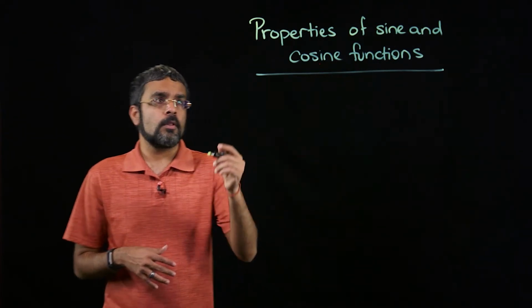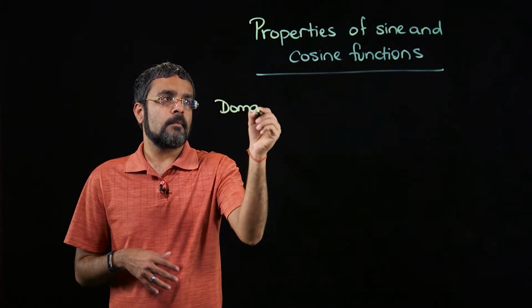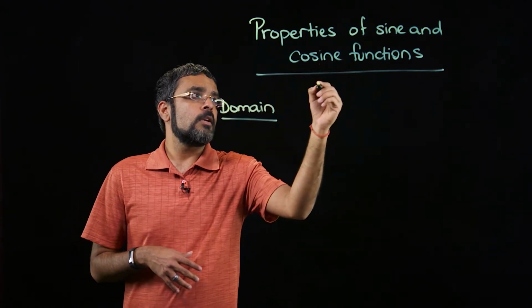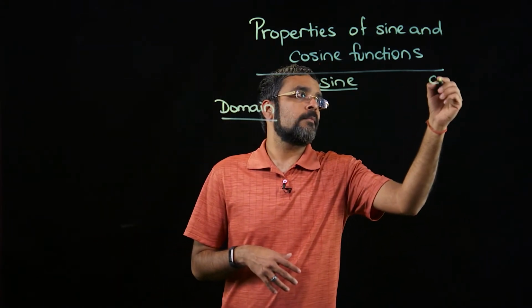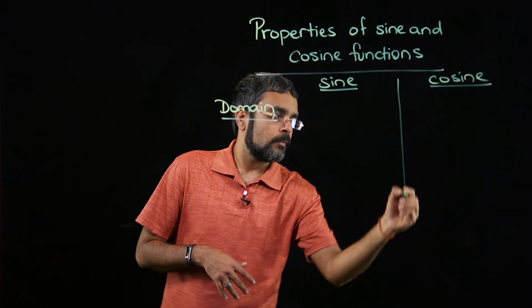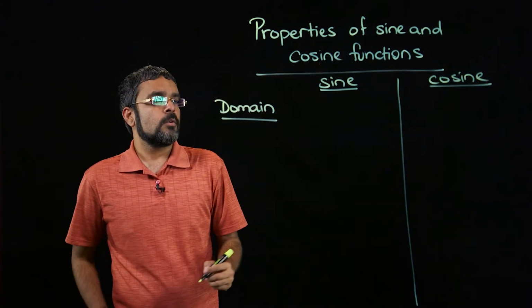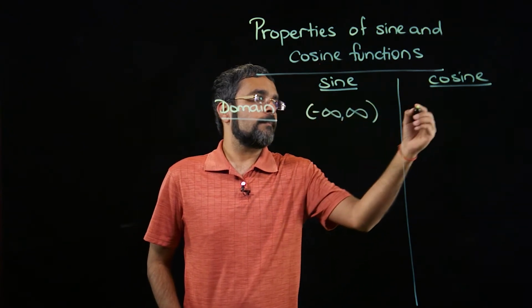Okay, so the most important thing we have is domain. What's the domain of my functions? I have sine and I have cosine. The domain of both these functions is negative infinity to infinity.